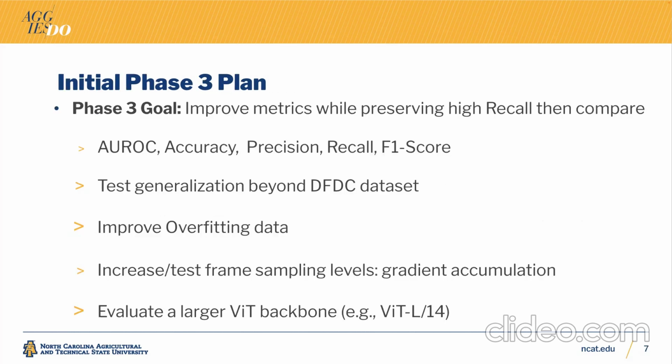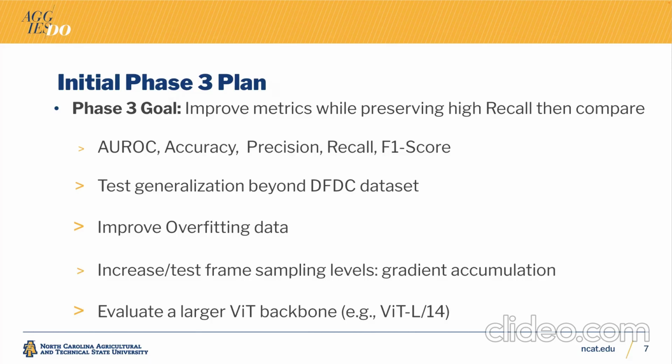Our initial plan with phase three was just to improve it: improve the metrics while preserving the high recall, and we'll talk about the recall in just a second, and then compare how those results turned out.